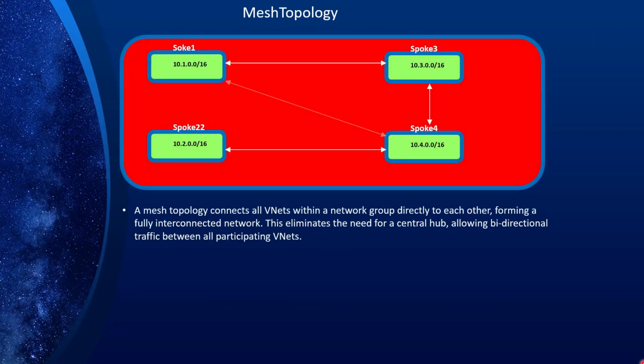A mesh topology connects all VNets within a network group directly to each other, forming a fully interconnected network. This eliminates the need for a central hub, allowing bi-directional traffic between all participating VNets as described here. You can see all the VNets are directly connected to each other.